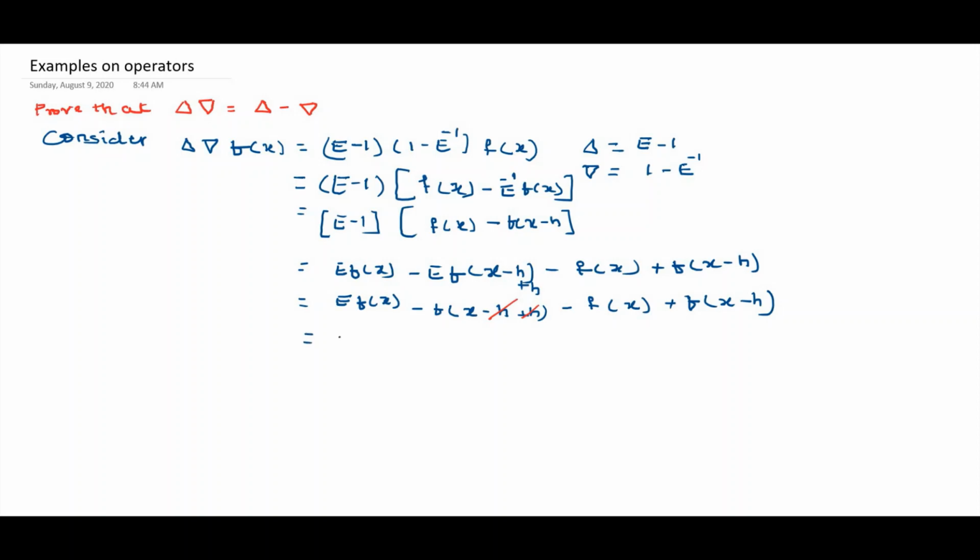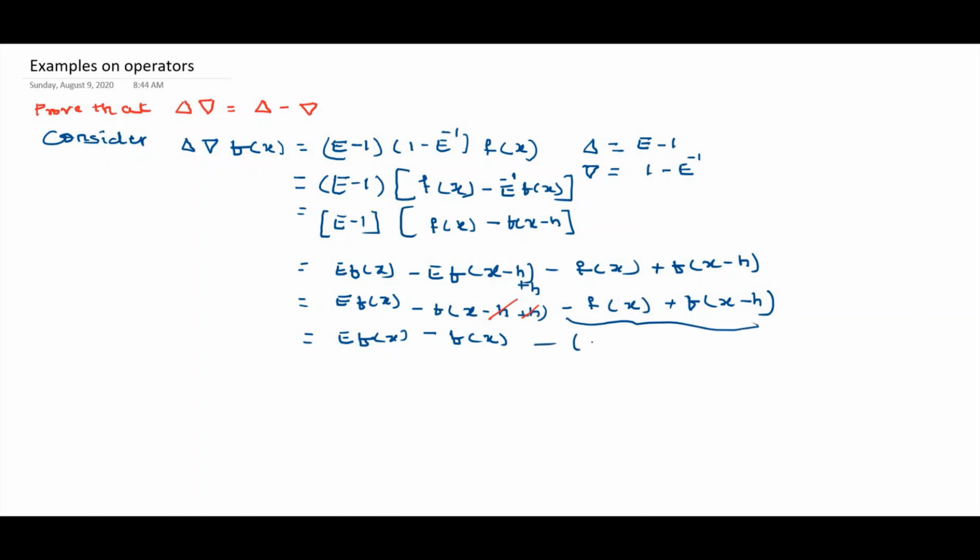Is equal to, write down the remaining terms, e f of x minus f of x, and from the last two terms you can take minus common.